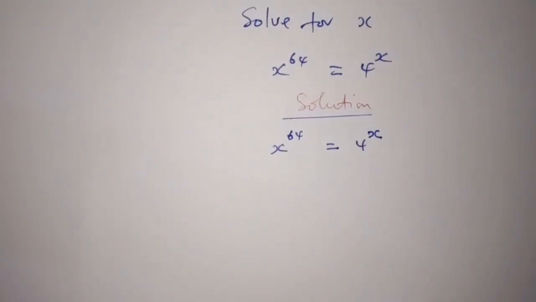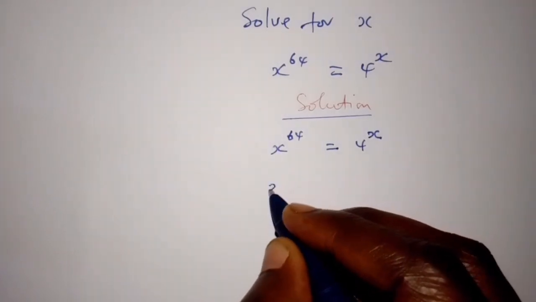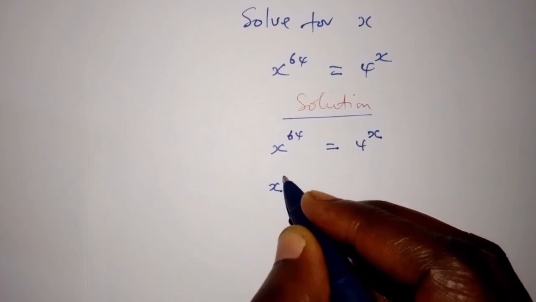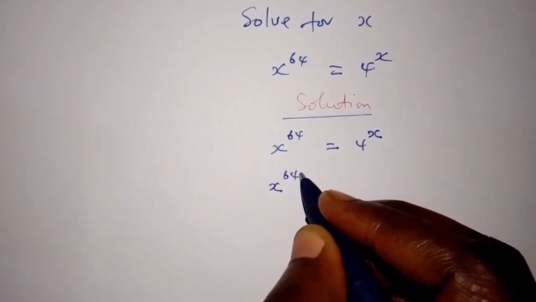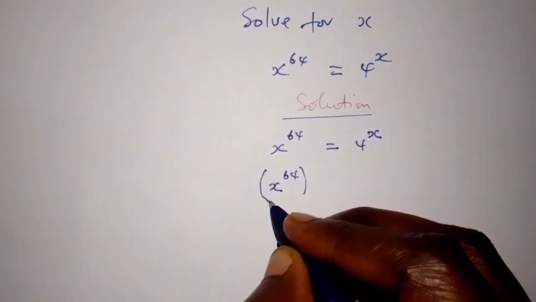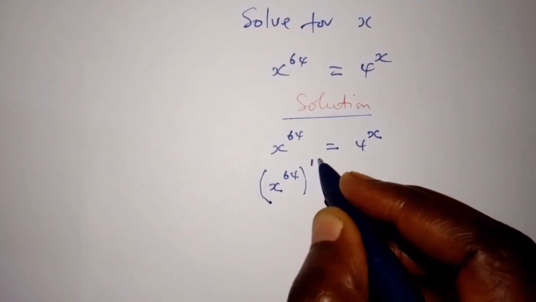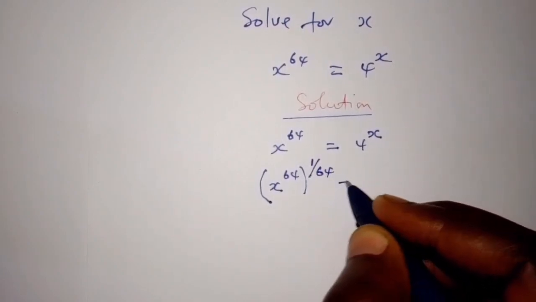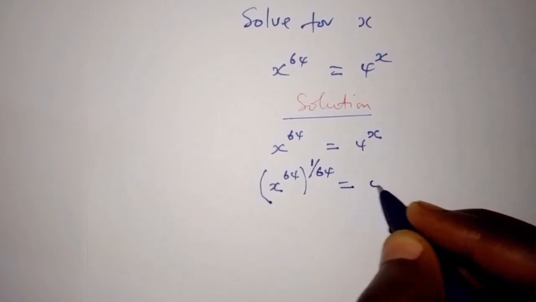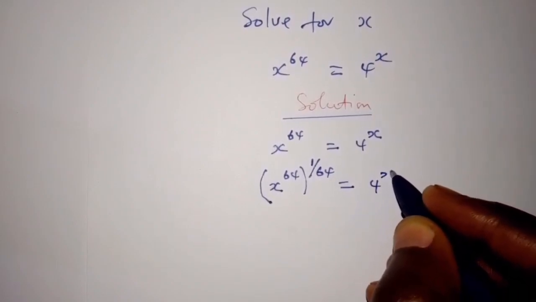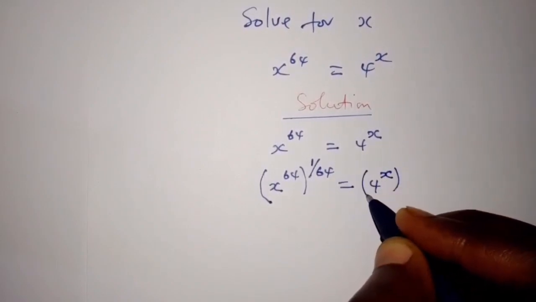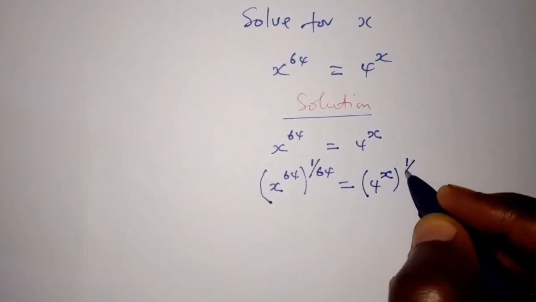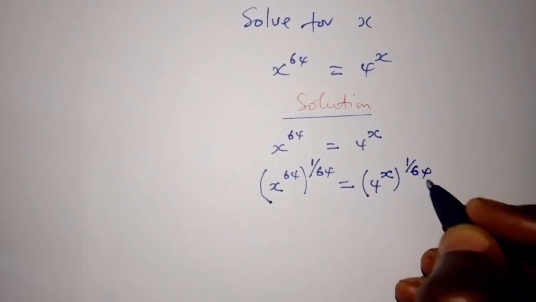We take power 1 over 64 on both sides. So we can say that x power 64 into bracket 1 over 64 is equal to 4 power x into bracket 1 over 64.